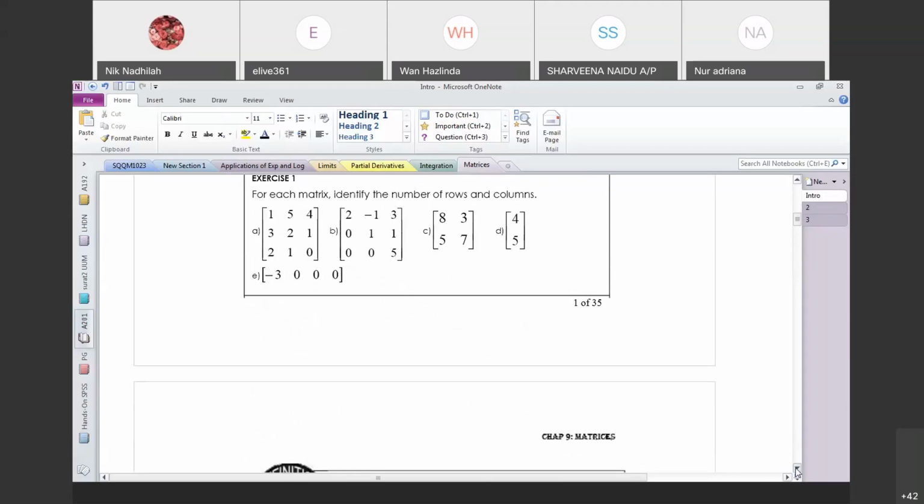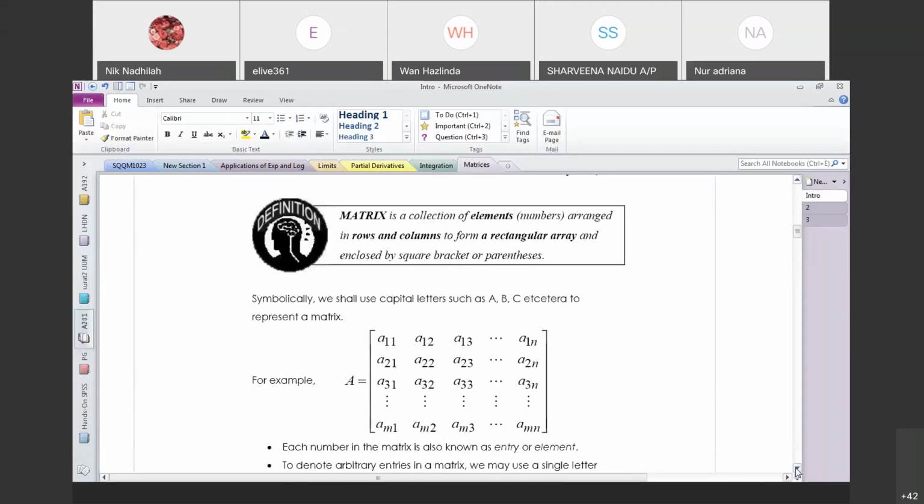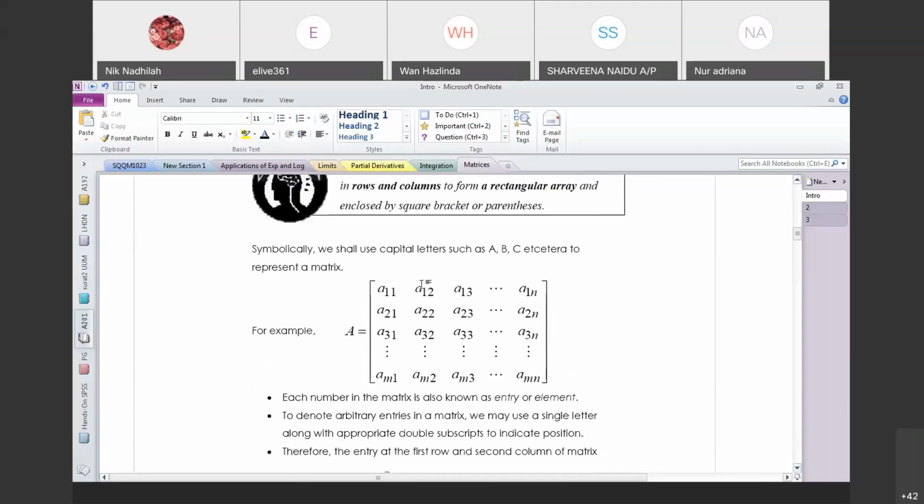What else? If you look at this representation, the first number represents the location of the row, while the second number represents the location of the column. As you can see, this is located in the first row and first column.